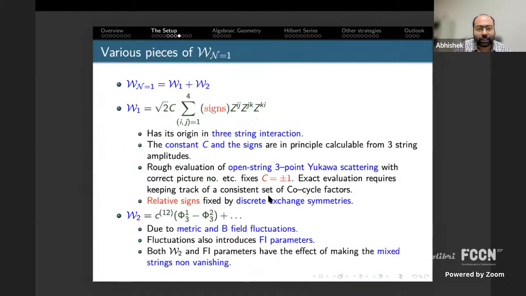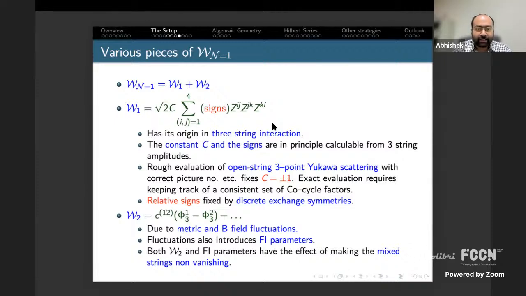Coming to this W_N1 part, one part is this root 2 C and some signs and Z. This C is basically, as I said, coming from 3-string interactions. So this C can actually be computed by doing a 3-string amplitude on a proper worldsheet open disk.